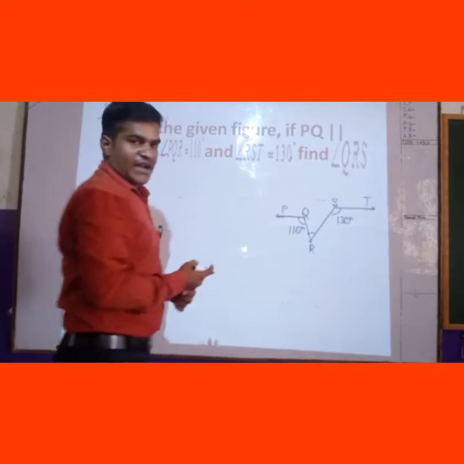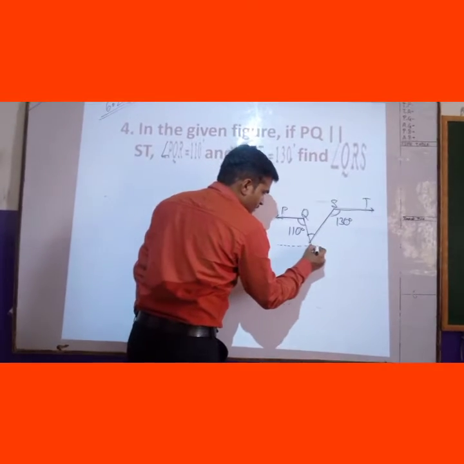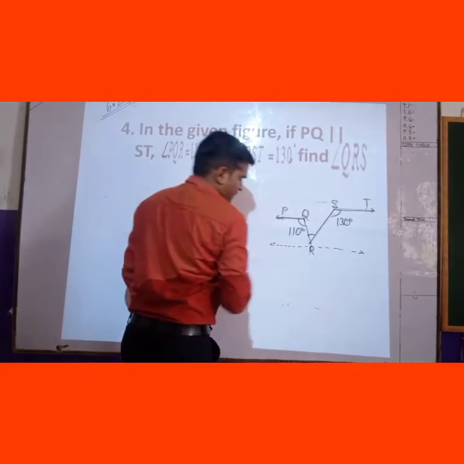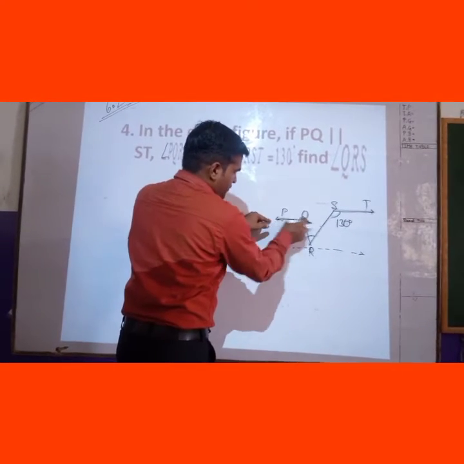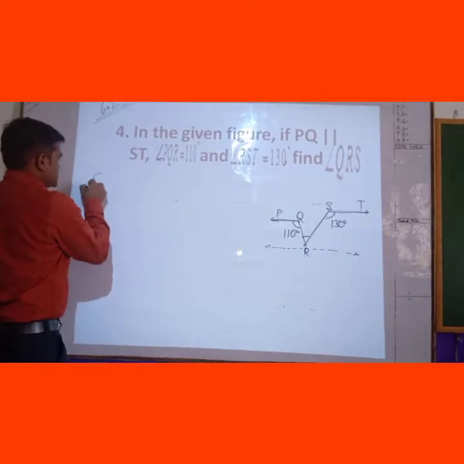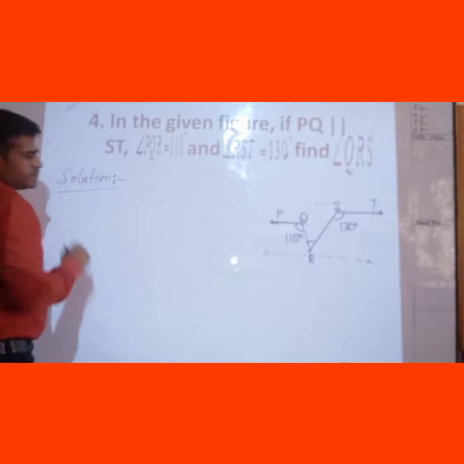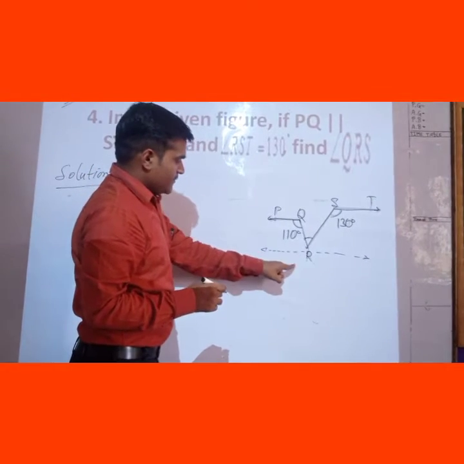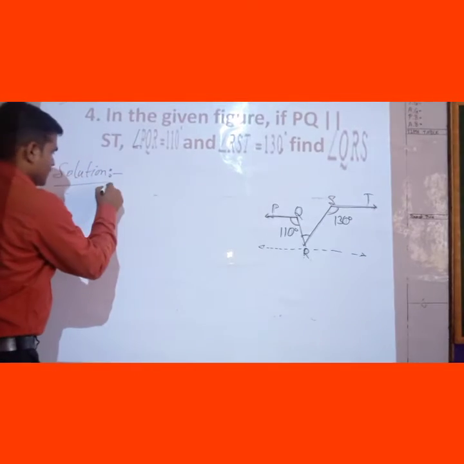So how we will find it, children? First we will draw a parallel line from R that is parallel to PQ. In the first step, we draw a parallel line from R that is parallel to PQ.